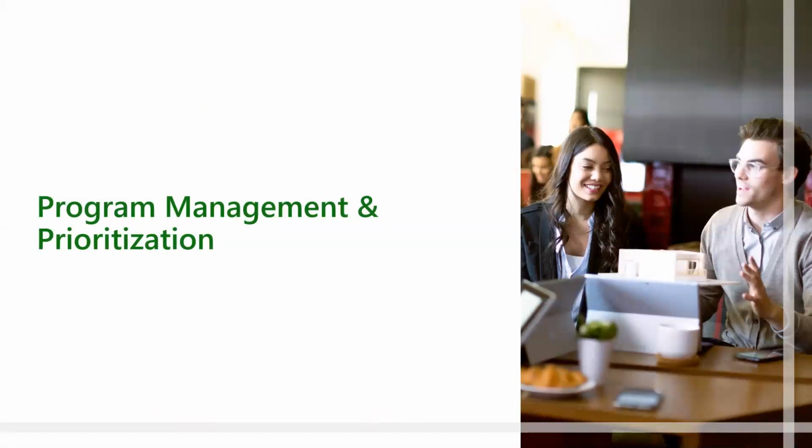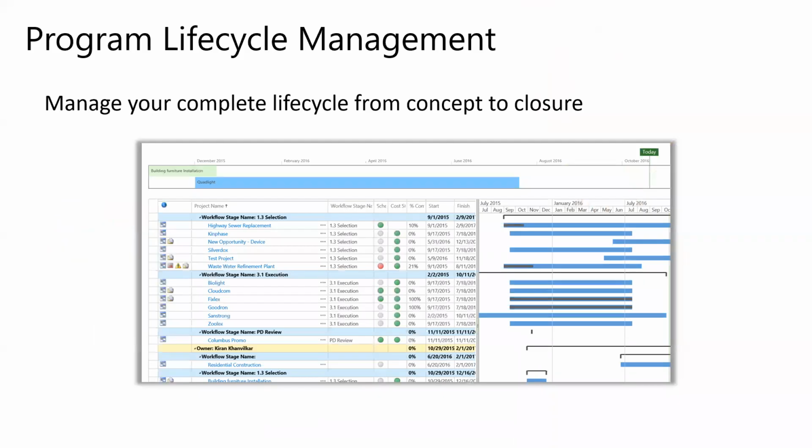Now, we are talking about program management as well as prioritization. I showed you some of that in just the last screen. I'm going to re-show you that for those folks that are coming in just for the prioritization of this piece. And again, this could be a single field.